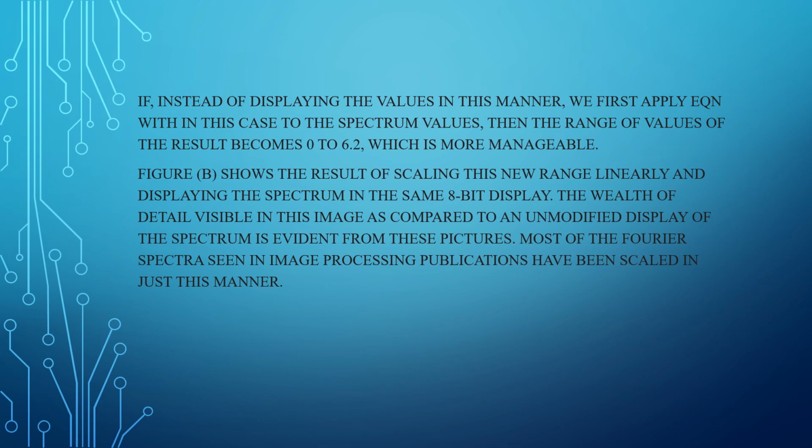The wealth of detail visible in this image as compared to an unmodified display of the spectrum is evident from these pictures. Most of the Fourier spectra seen in image processing publications have been scaled in just this manner.